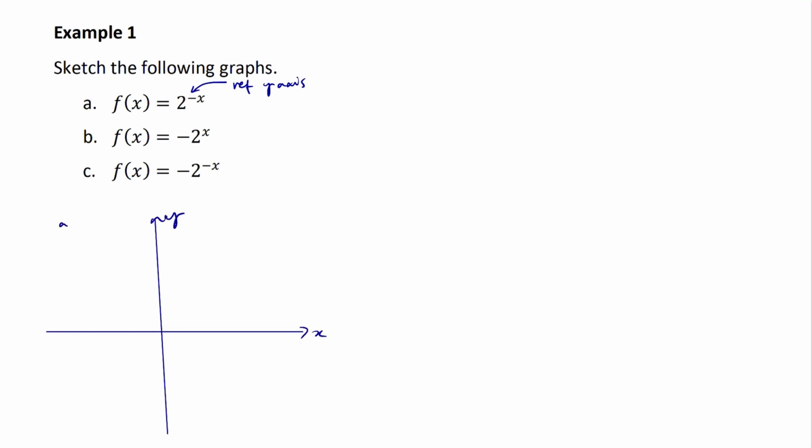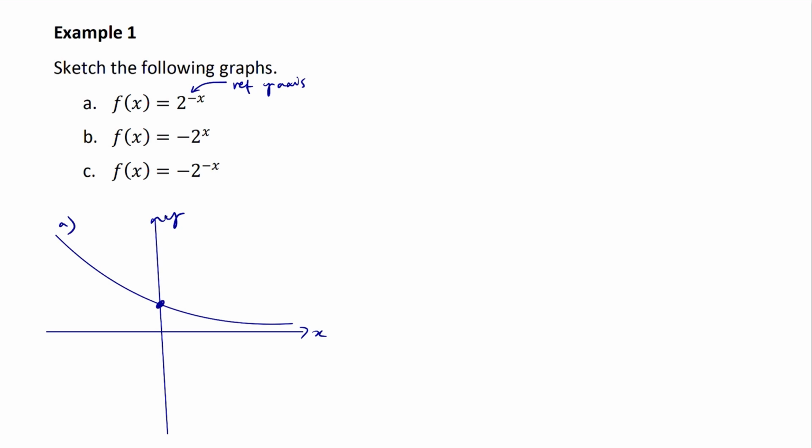And this is for part A. Now, normally our graph is going to do this. And the way to think about it is that as x gets larger, y also gets larger. This time, negative x, so if I input a negative number in here, the negative becomes a positive. So it's going to behave the opposite way. So that's why there's going to be a reflection in the y-axis. So it's going to look like this.